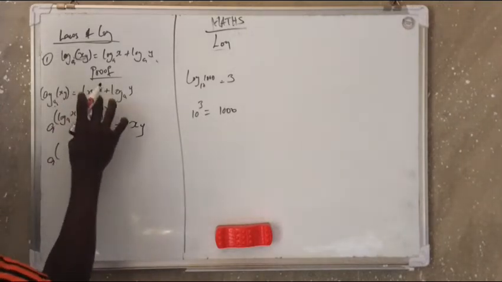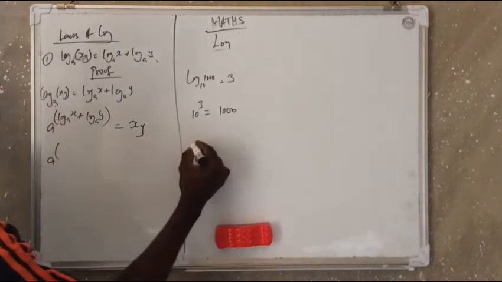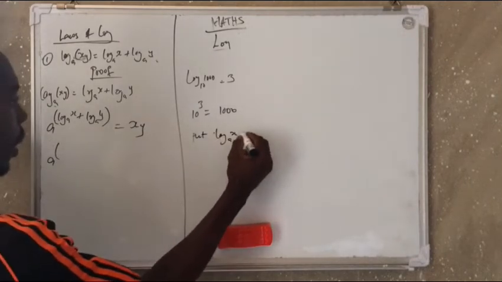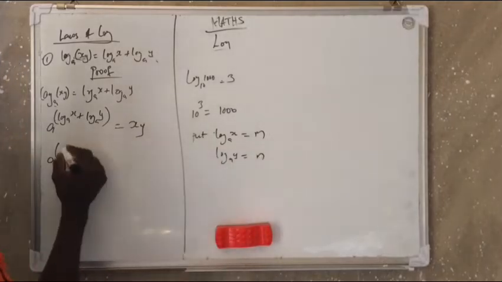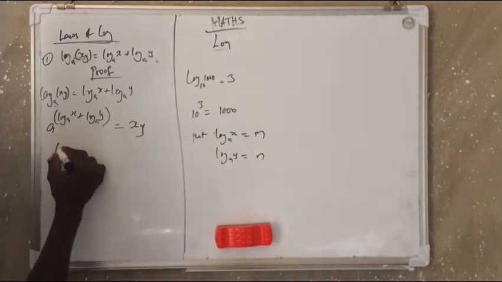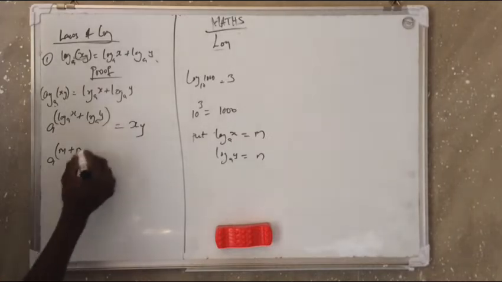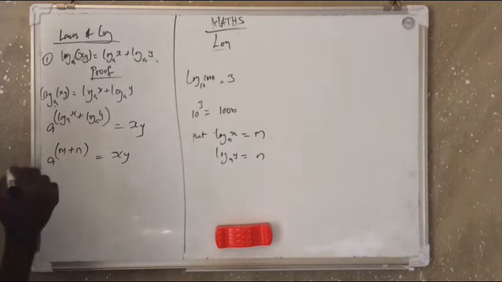I can put log base a of x to be equal to m, and log base a of y to be equal to n. I will now have that what I have here is a to the power m plus n, which is equal to xy.